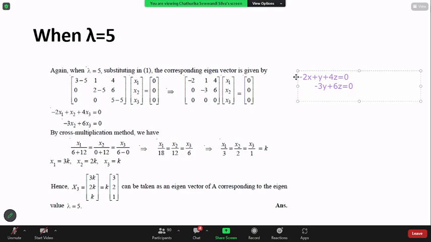So we need to assume for two variables. Let's say z equal k1 and y equal k2.